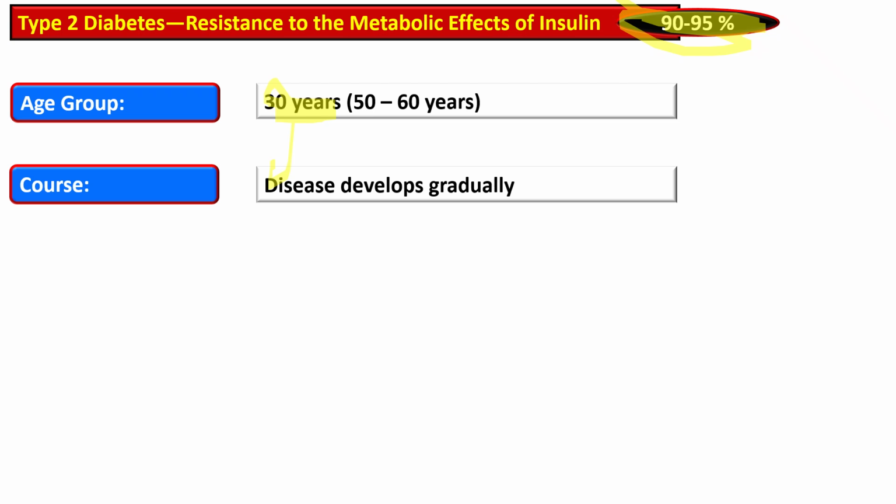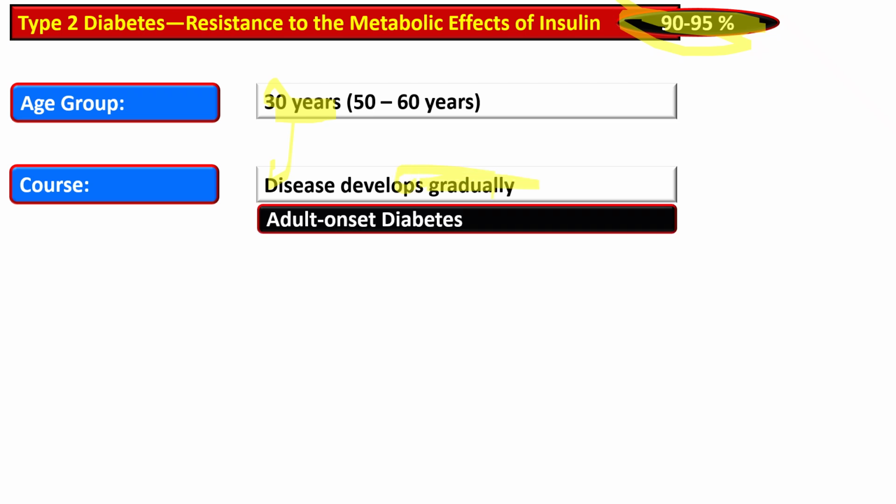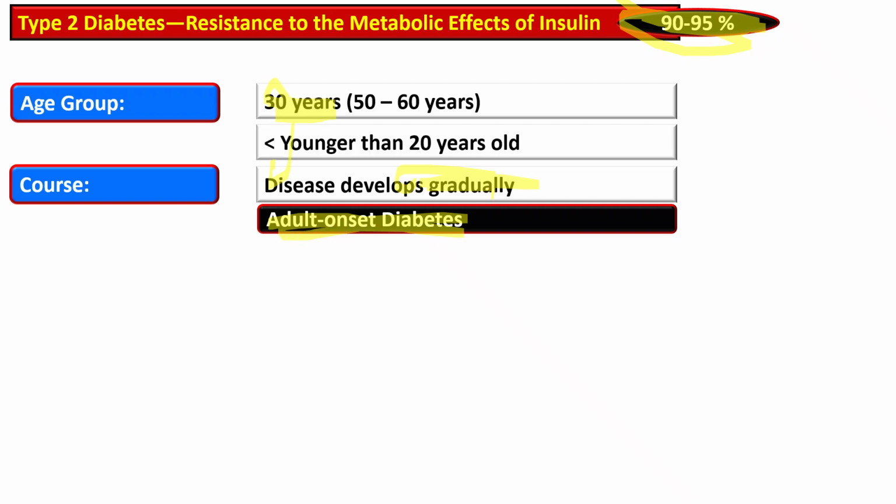The onset is gradual, often unnoticed in the individual for years, and it is termed adult onset diabetes. But increasingly, it is common in younger age groups also.